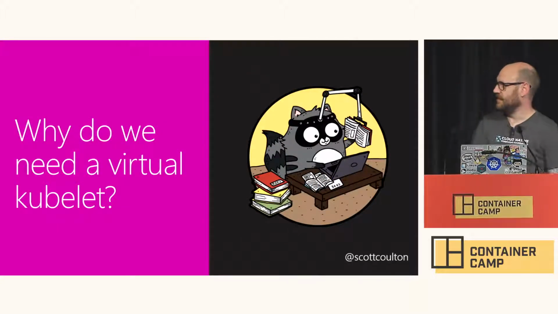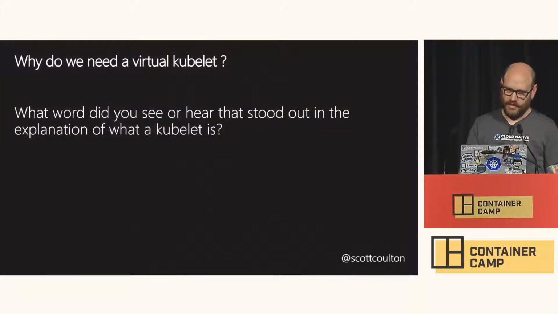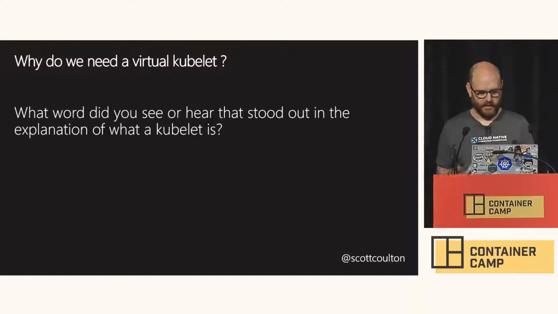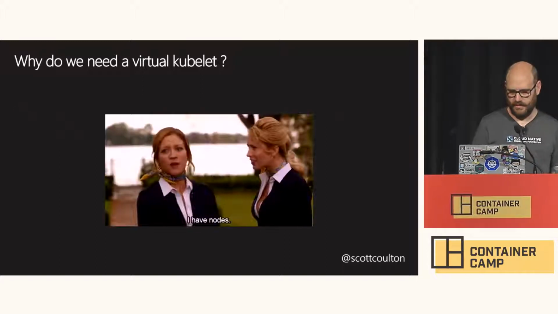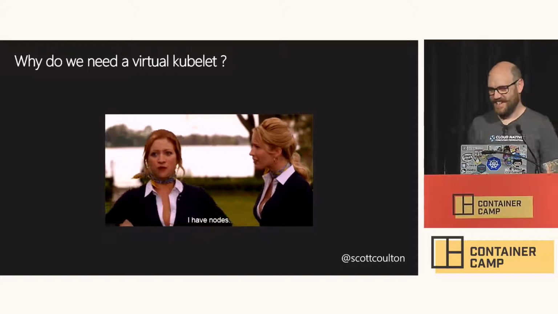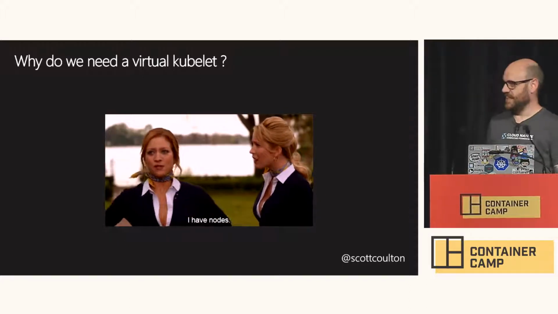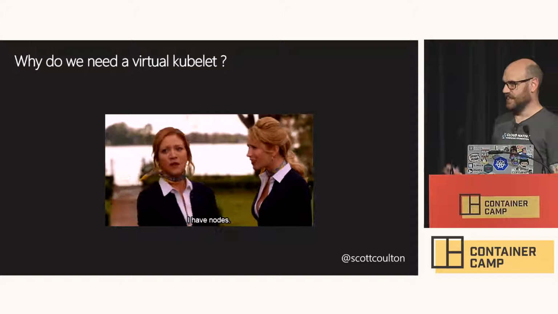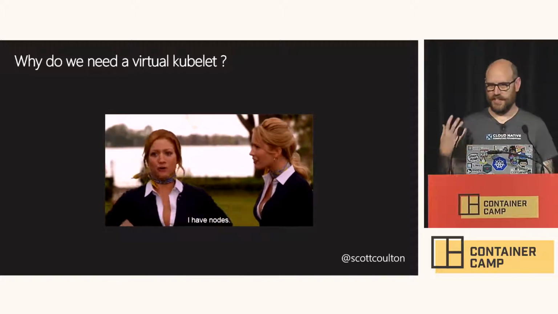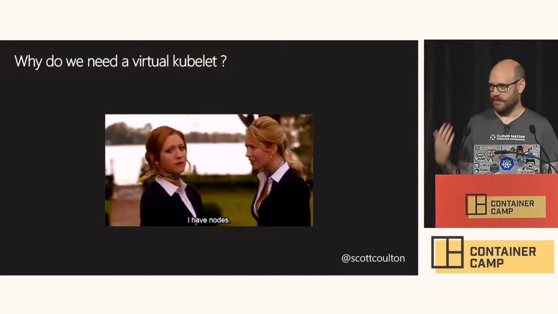So why did we need to virtualize it? When I spoke about the kubelet, what word kept coming up over and over again? Nodes. When we're talking to customers about their nirvana of what Kubernetes needs to be, it's like, hey, I want a Kubernetes API, and I want to deploy my application to it.